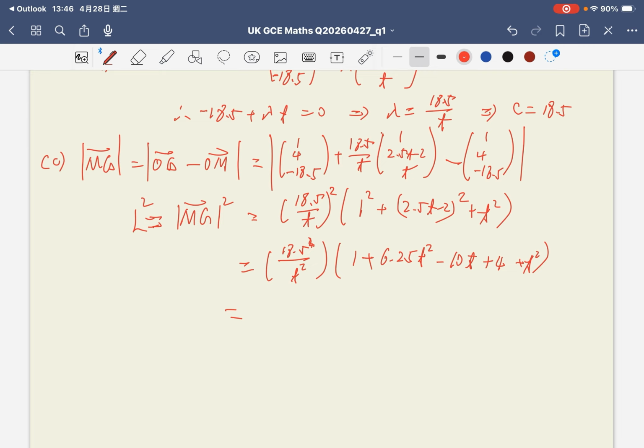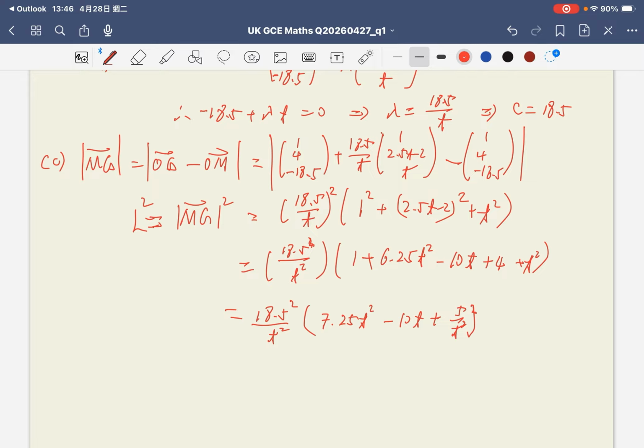Then simplify this one. You can see that that is 7.25t squared minus 10t plus 5 over t squared.